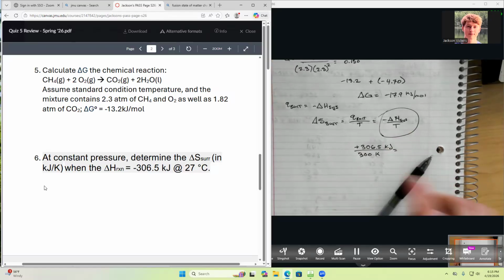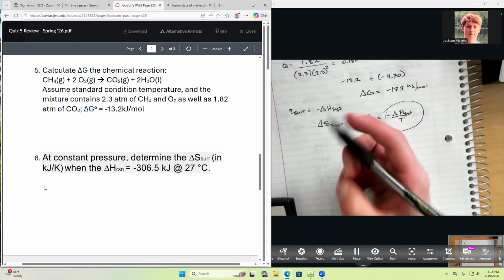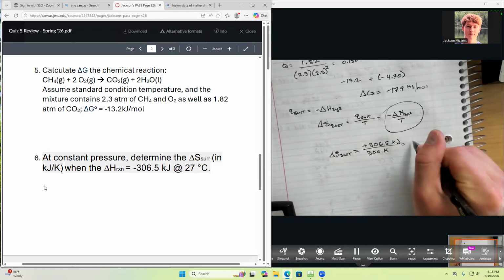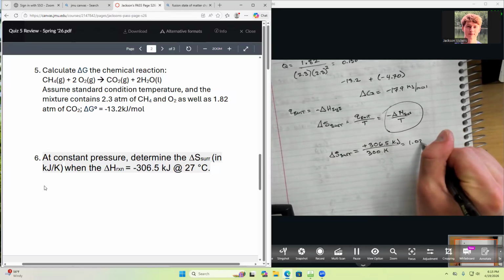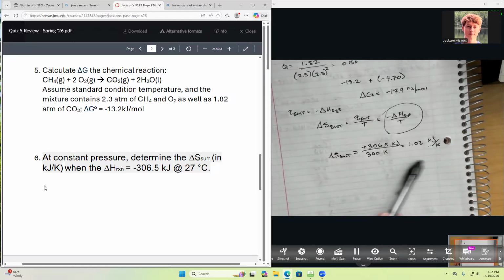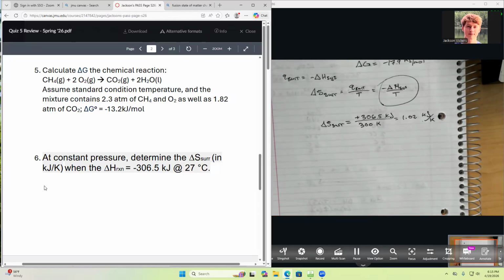So we're going to get an answer of 1.02 kilojoules per Kelvin. And those are the units for delta S. Is that okay for everyone? Yeah.